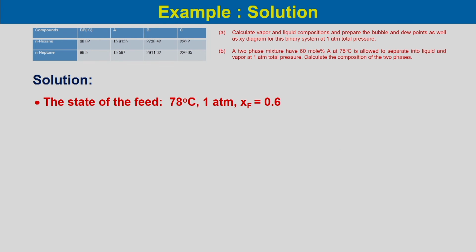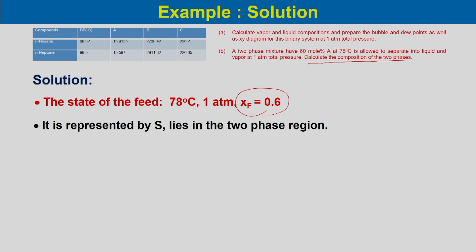Now, the second problem: a two-phase mixture having 60 mole% of A at 78 degree centigrade is allowed to separate into liquid and vapor at 1 atmosphere total pressure. We need to calculate the composition of the two phases. The state of the feed is 78 degree centigrade, 1 atmosphere, xA is 0.6. It is represented by point S, which lies in the two phase region.